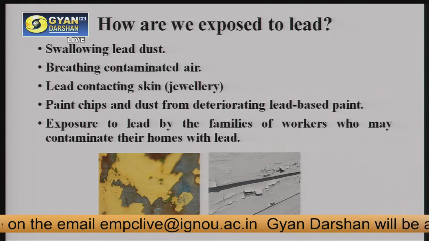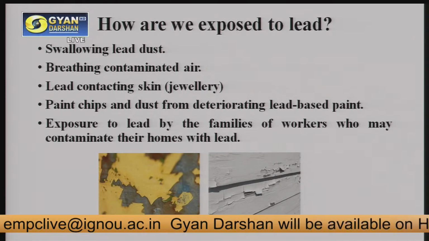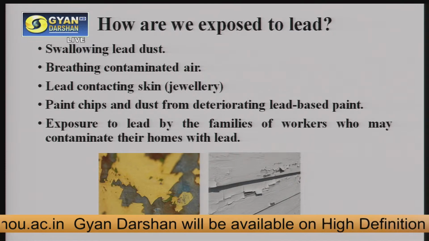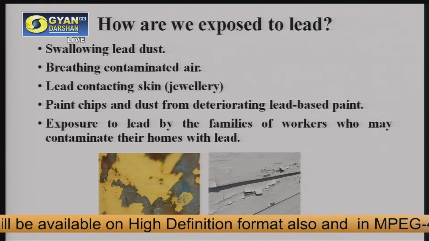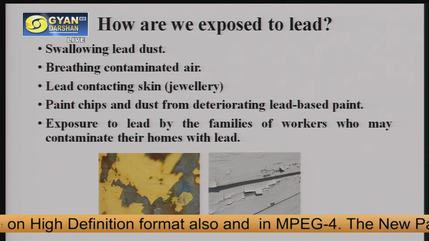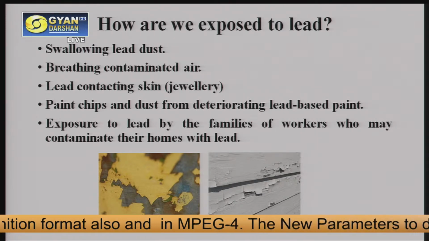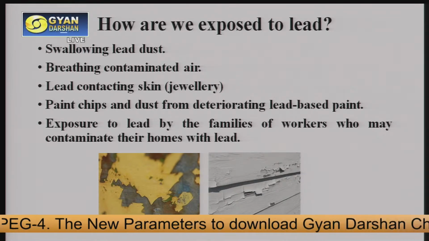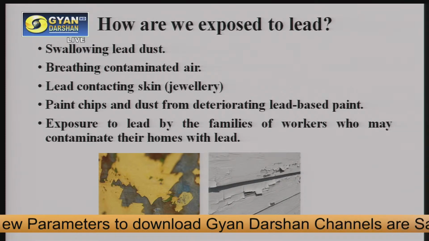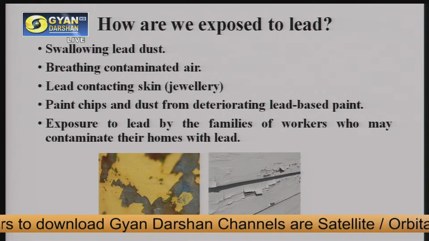So how do we get exposed to the lead? We can swallow lead dust. There is a process known as sanding. So when you remove lead-based paints from the walls, you can get exposed to the lead dust. You can inhale the air which is contaminated with the lead dust. Then you can have jewelry and cosmetic products which contain lead.